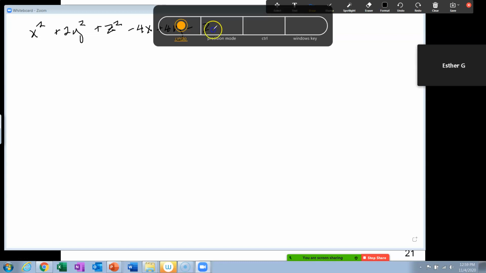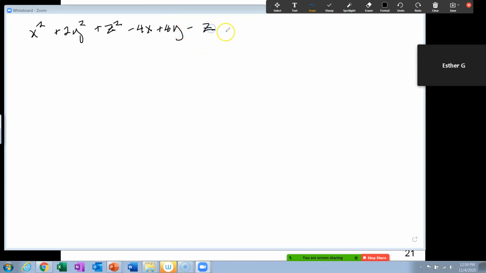Okay, here's your surface. x squared plus 2y squared plus z squared minus 4x plus 4y minus 2z plus 3 is equal to 0. This is such a pain in the neck.